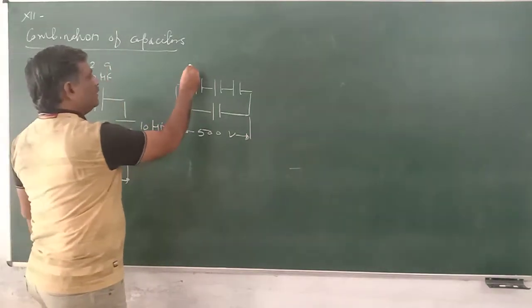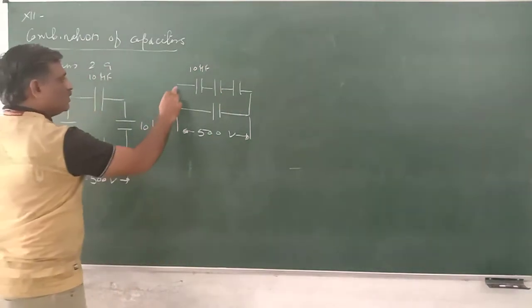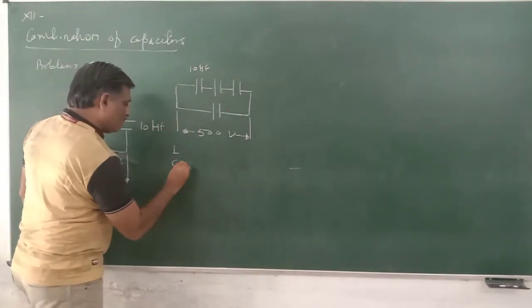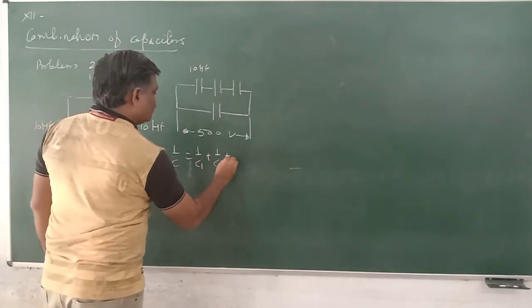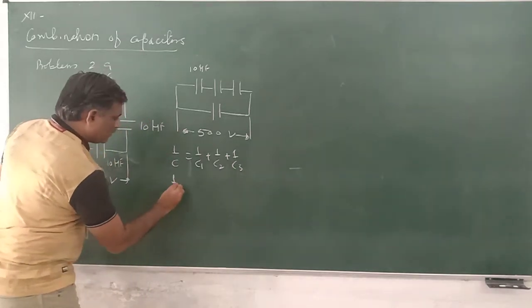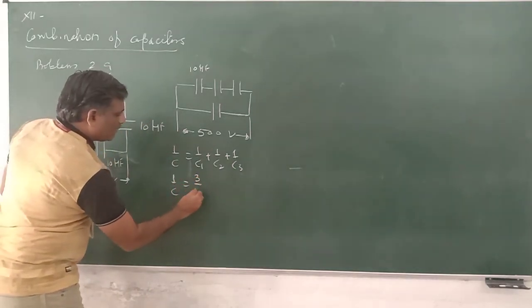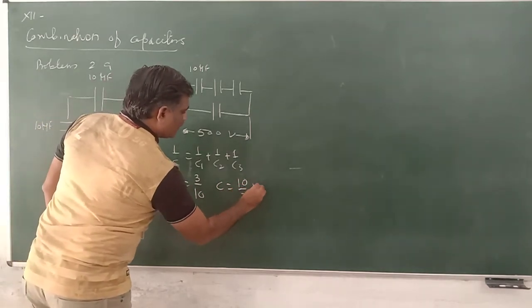All these are 10 microfarad, so they are in series. The combination is 1 by C is equal to 1 by C1 plus 1 by C2 plus 1 by C3, which becomes 1 by C is equal to 3 by 10, or C is equal to 10 by 3 microfarad.